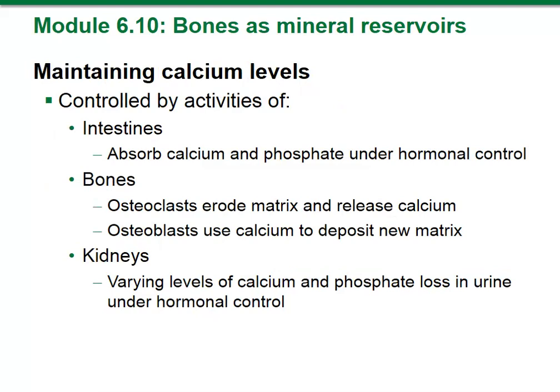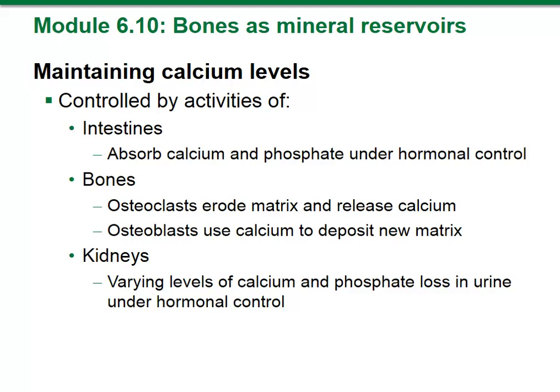So how do we maintain those calcium levels? Well, the intestines, they absorb calcium and phosphate, but it's hormones that regulate that. Your bones themselves, remember last time we talked about osteoclasts? If you need more calcium to be released, then the osteoclasts break down your bone and release calcium. If you need to build more calcium or store it, the osteoblast will take calcium up and deposit it in new matrix.